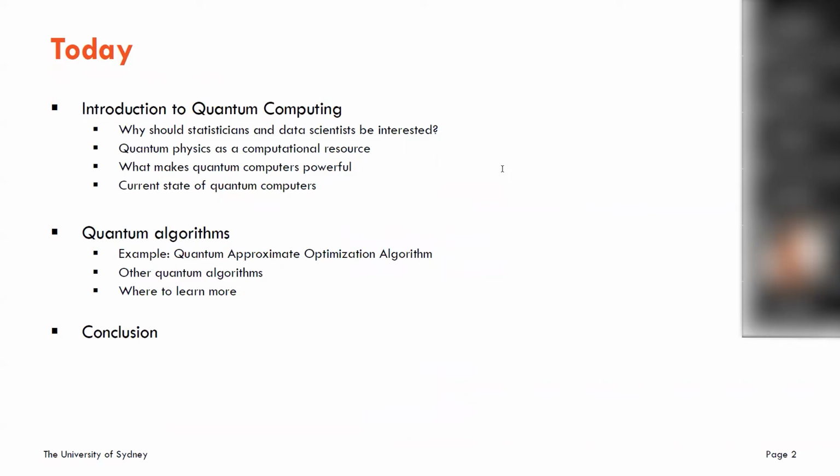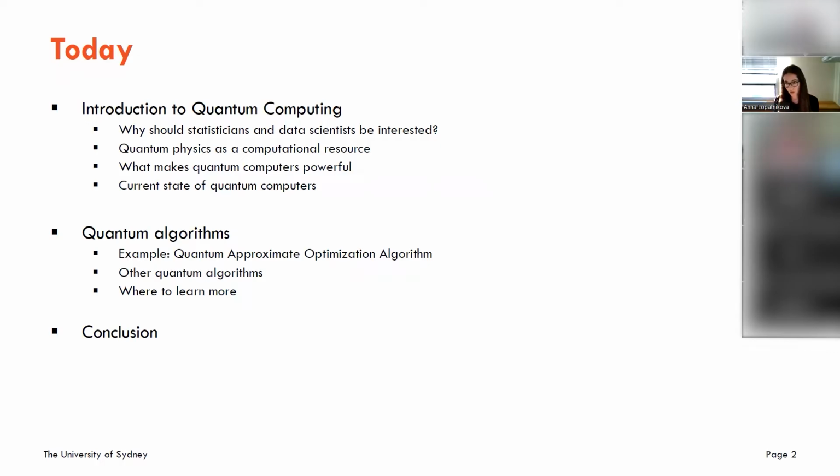The talk today is going to consist of two parts primarily. The first part is the introduction to quantum computing, which is the biggest part. I'll talk about why statisticians and data scientists would be interested in the topic. Then I'll talk about quantum physics because it is what quantum computers harness as a computational resource. I'll talk a bit about what makes quantum computers powerful, give some examples, and then talk about the current state of quantum computing hardware.